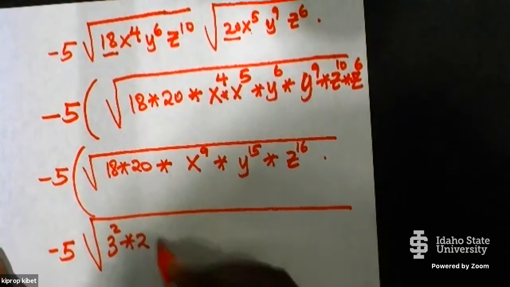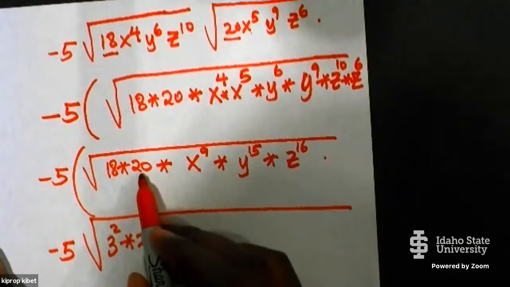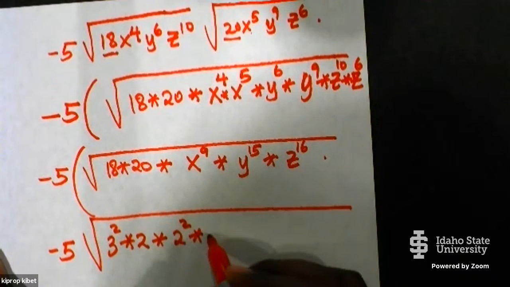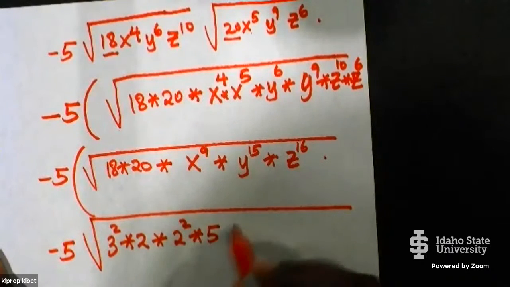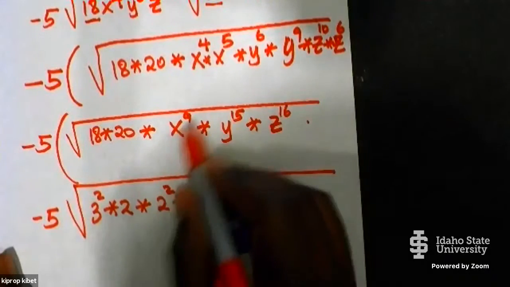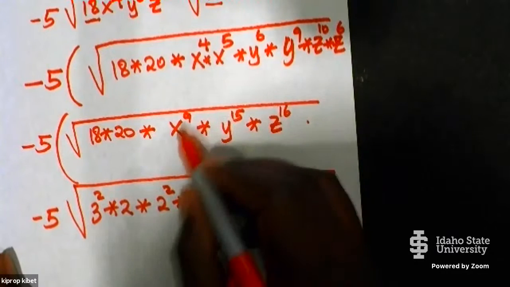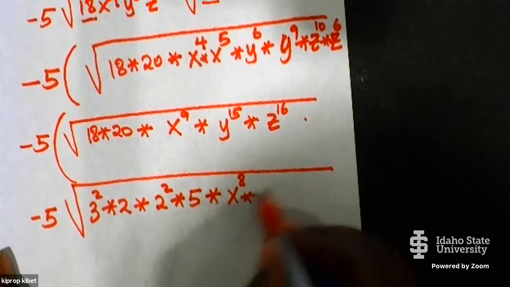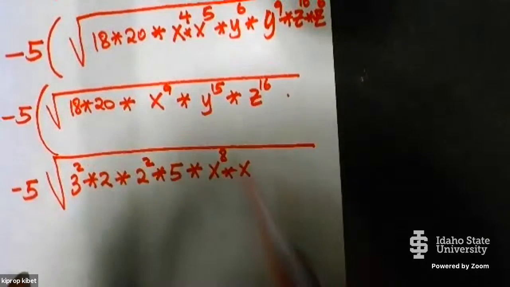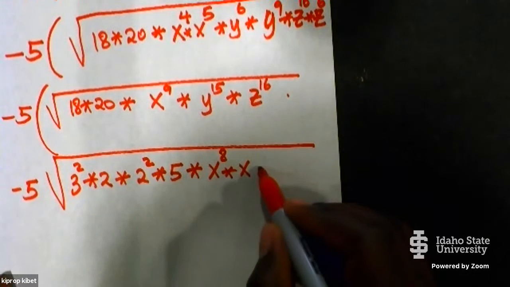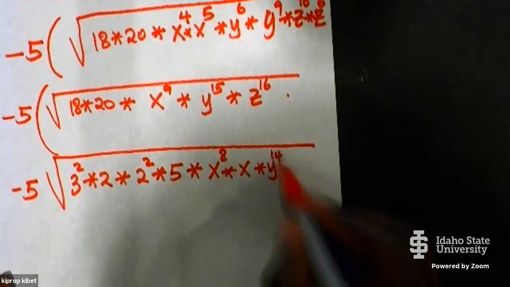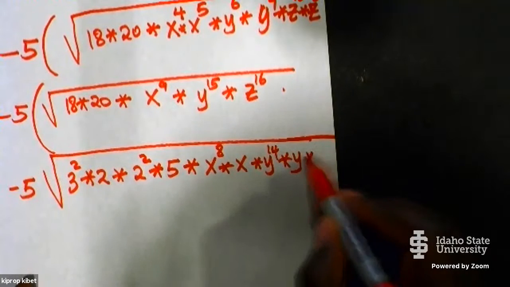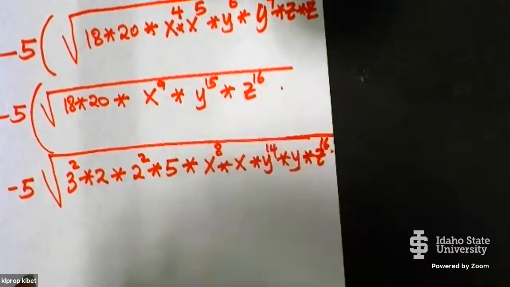For 20, we have 4 and 5, so 2 raised to 2 multiplied by 5, and then multiplied by x raised to 9. How can we make it even? So x raised to 8 multiplied by x. The next one is y raised to 14 multiplied by y. And the last one can just remain like that, z raised to 16.